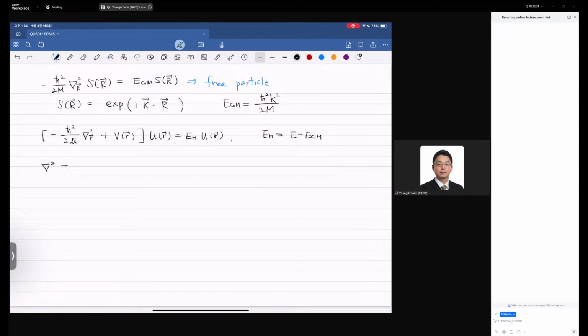So we'll use this spherical coordinate form of the Laplacian. Let me write down the full expression, but you can always find this in any textbook.